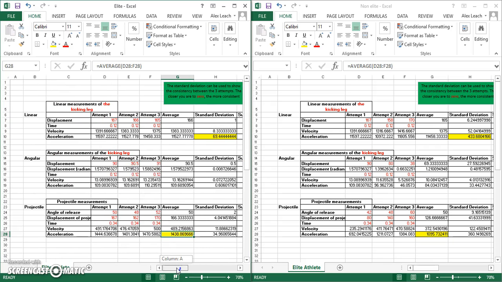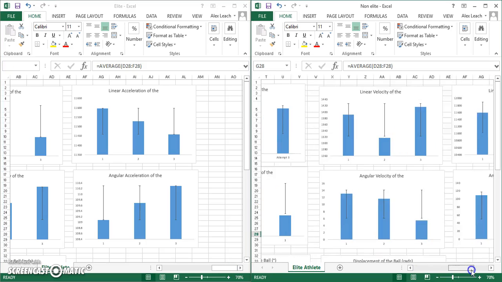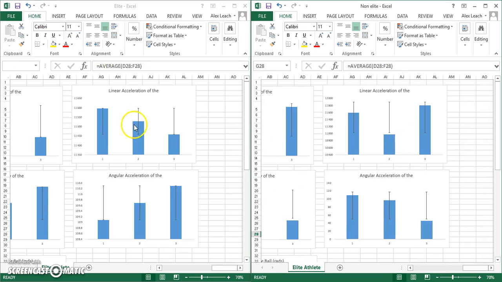So I'm going to look at the acceleration graphs. So linear acceleration, and over here linear acceleration. Now if we look at these two graphs, actually our non-elite player looks a lot more consistent than our elite player does. This is because if you look here along the y-axis, they're not starting from 0, so we need to make these start from 0, because then it'll level the graphs out.